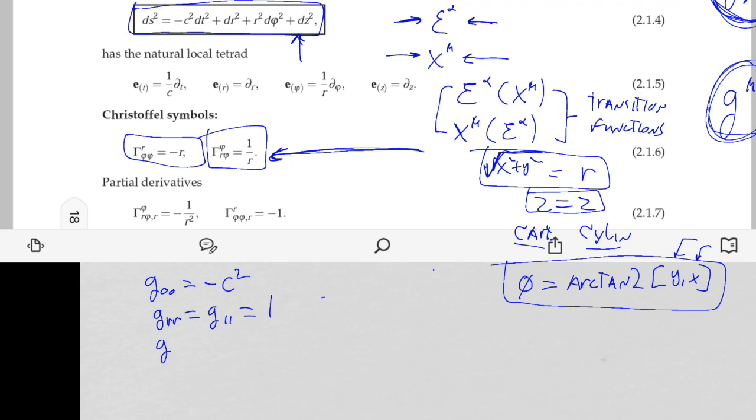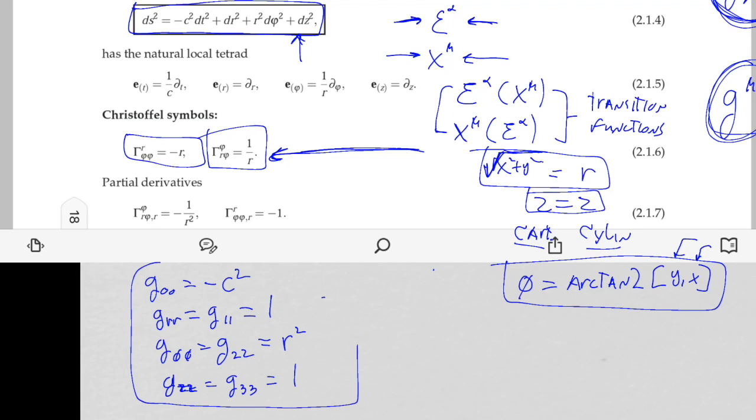Phi phi, which presumably we would call g22, is going to equal r squared, and g_zz, which equals g33, is going to be 1 again. So this metric is not crazy different than the original metric, but it's not constant in space-time.